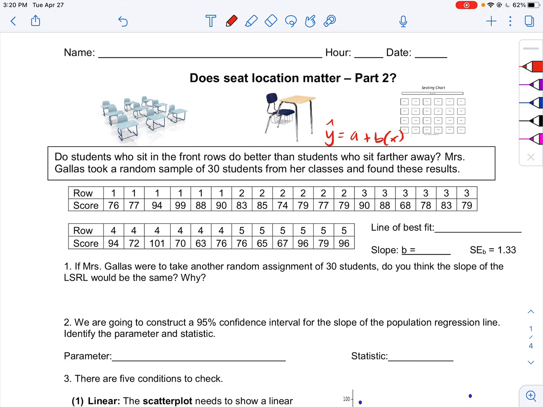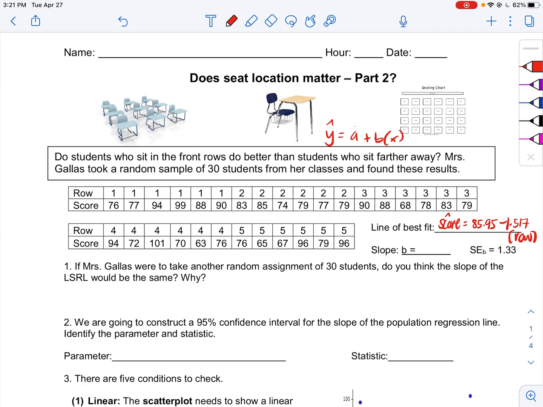So, granted that we already put all of these numbers in the calculator and we got our formula, and I will also show that in class if you forgot it already. So it's predicted score equals my a value, 895, plus the b, actually the b is negative 1.517, times the row.